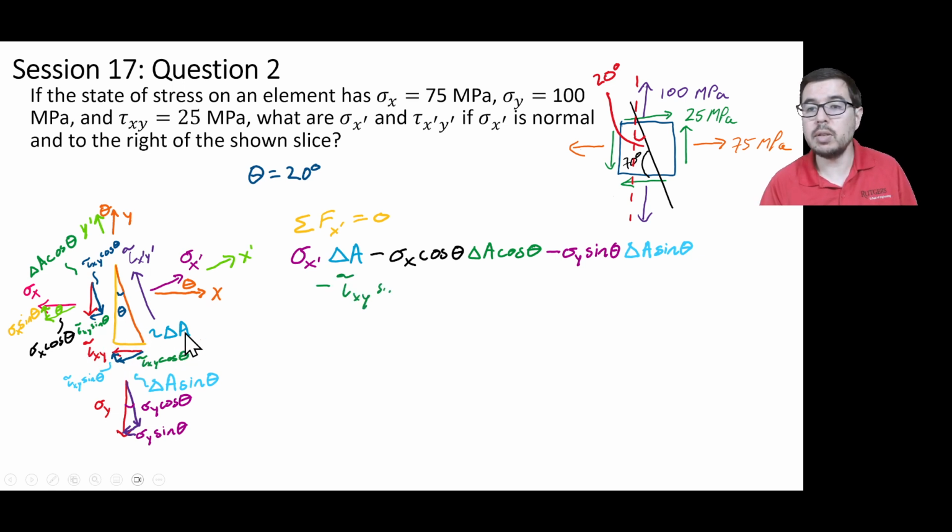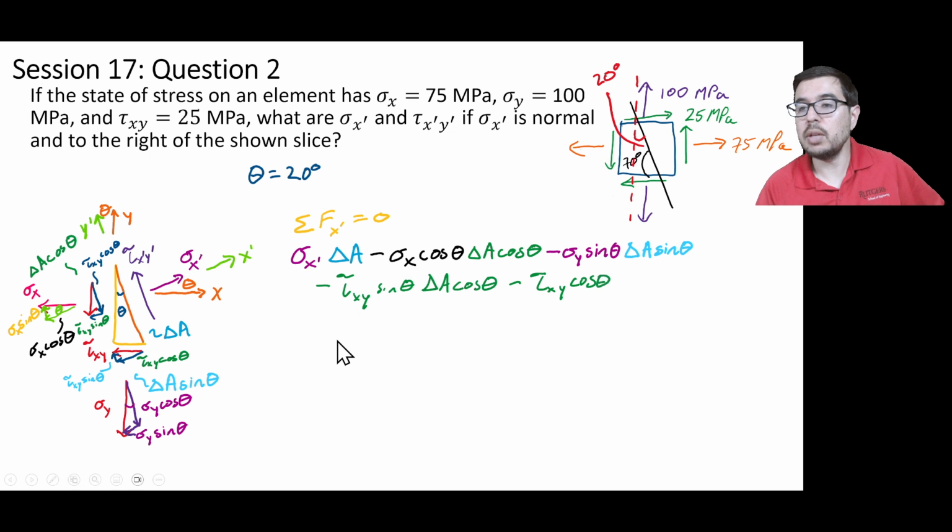So we have a tau xy sine theta, and it's acting on the delta A cosine theta face. That's this face. And for the bottom contributing tau xy, we have a component parallel to x prime, tau xy cosine theta, and that's acting on the delta A sine theta face. Okay, so we have the delta A sine theta face, and tau xy cosine theta. And this is going to be equal to 0.